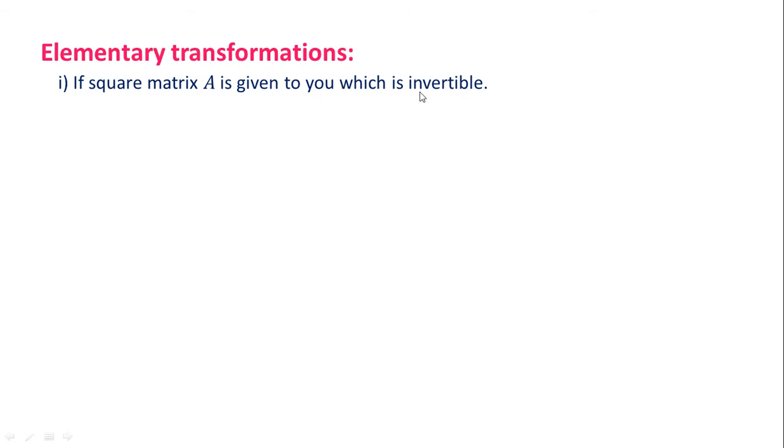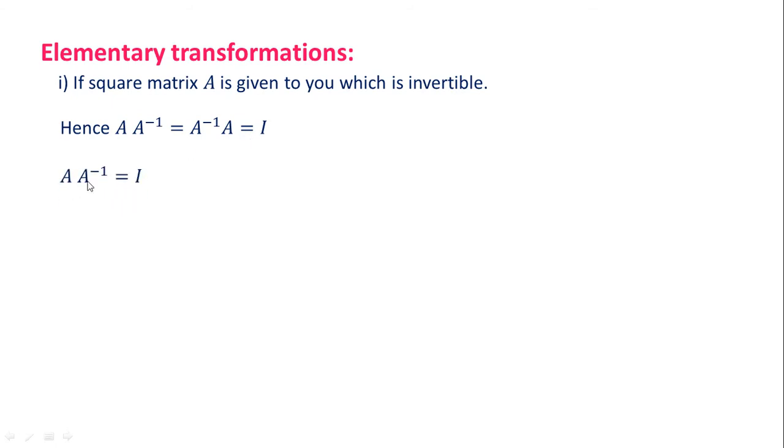So A is an invertible matrix, meaning the inverse exists. Then we can write A into A inverse is equal to A inverse into A is equal to I, the identity matrix. This is by the definition of inverse.